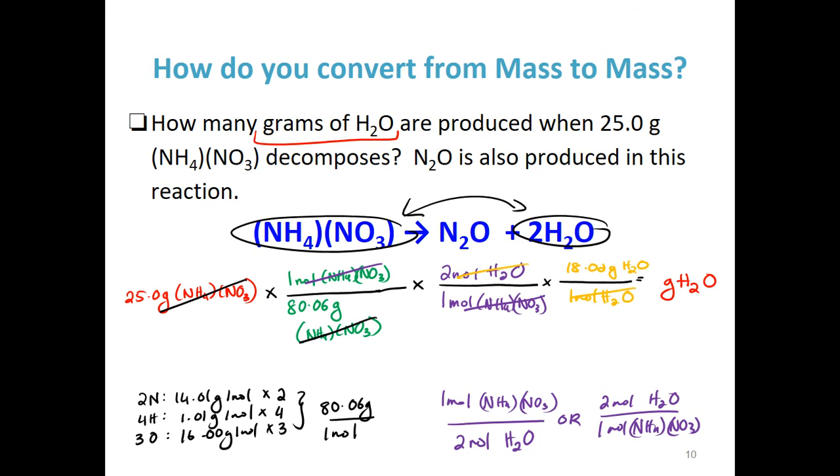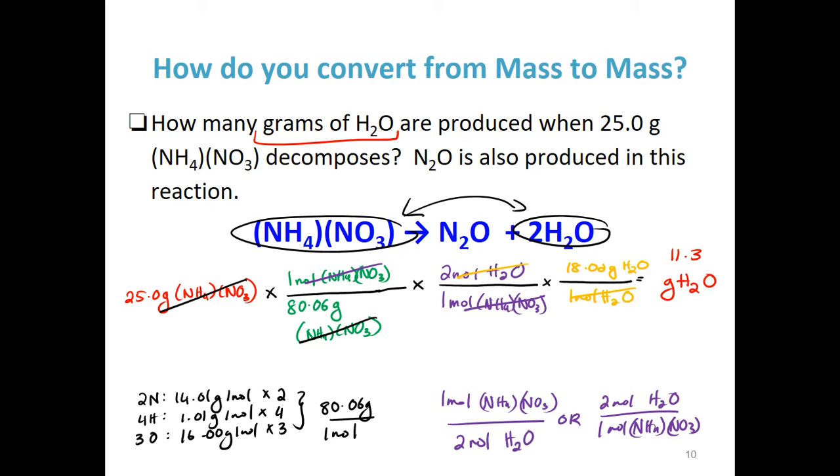You know you're doing the right stoichiometry if the units cancel out beautifully. We are left with the answer, which is 25 grams divided by 80.06 times 2 times 18.02. That gives me 11.3 grams of water.